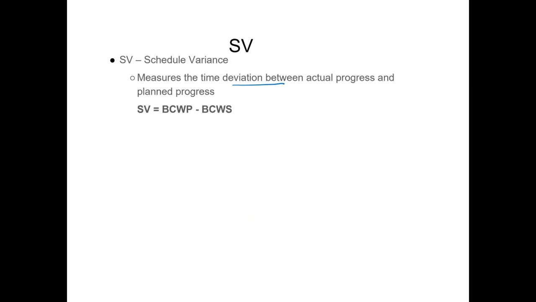We use all of this to calculate the schedule variance, which measures the time deviation between the actual progress and the planned progress using this formula.